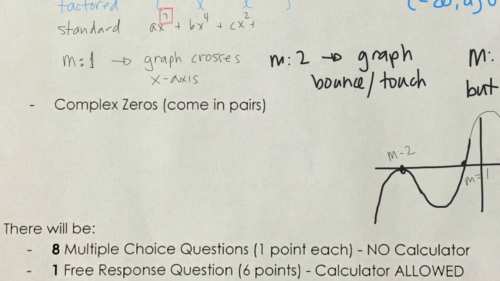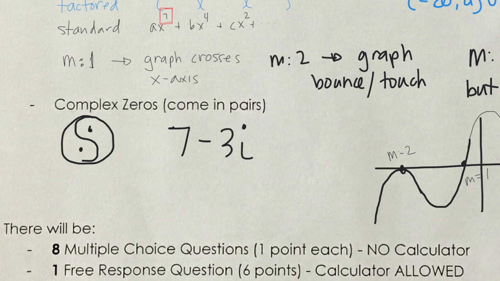And our last concept was complex zeros. So remember, our complex zeros always come in a yin and a yang kind of business. Okay? If we had 7 minus 3i as your original x value, then its conjugate would be 7 plus 3i. Okay?